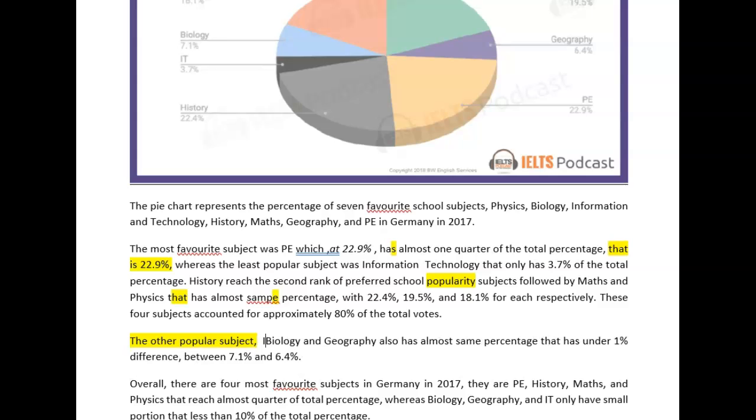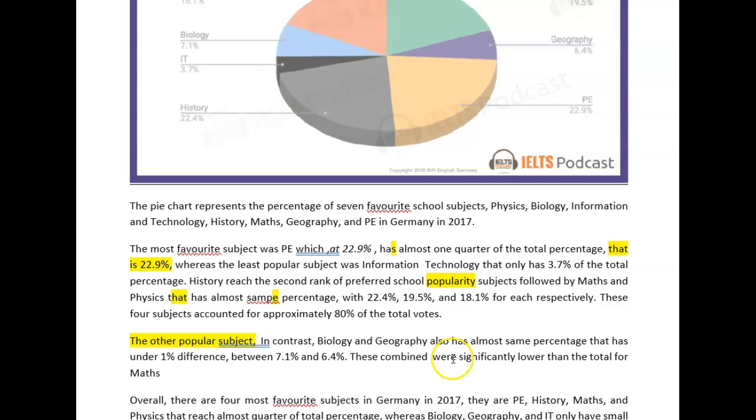In contrast, biology and geography also had similar percentages with under 1% difference between, okay, these were significantly lower than the totals for maths, or these combined, so you can add them together, were still, so if you add those together, it's still the total for maths.